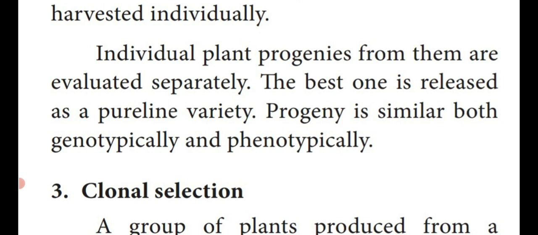So this pure line selection method produces progeny, or a newly formed crop, which shows a character similar to the parental one, in both genetical aspects as well as external aspects. They are similar to the parental character.